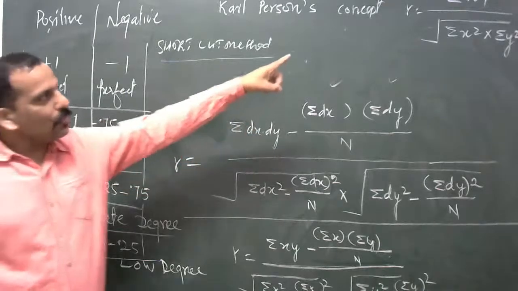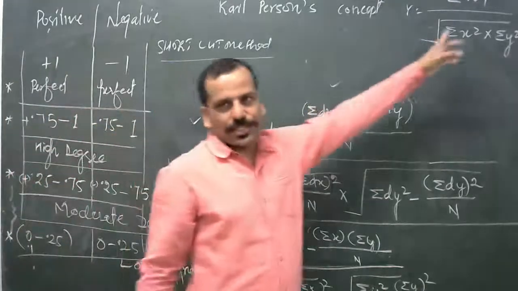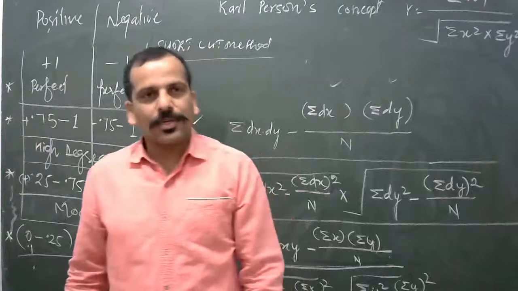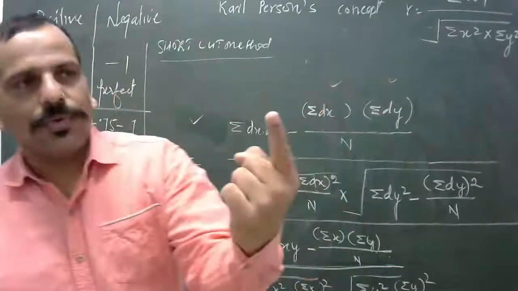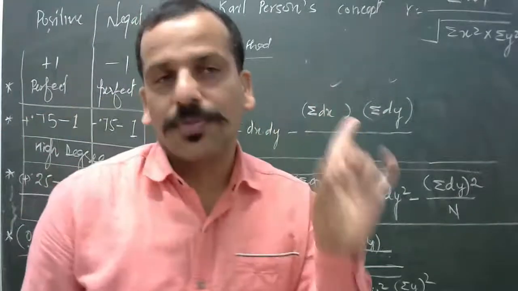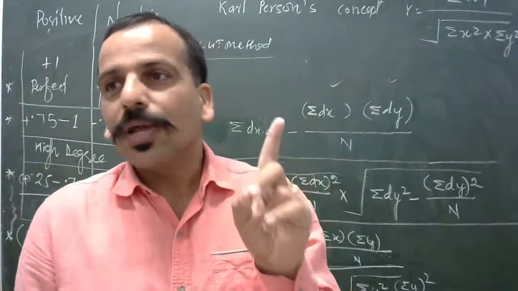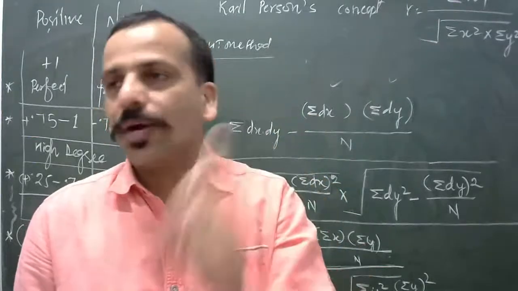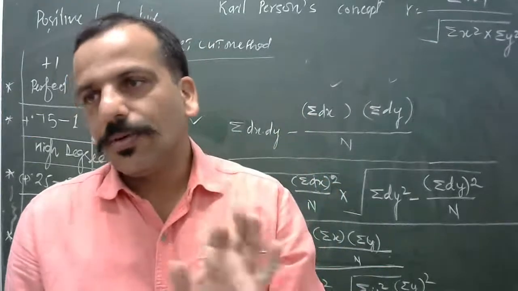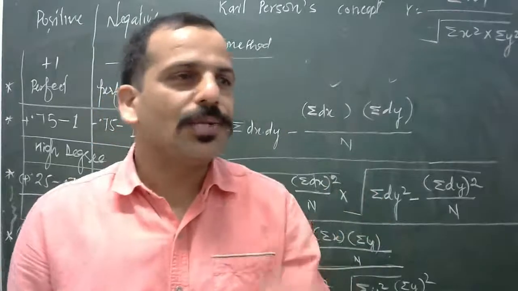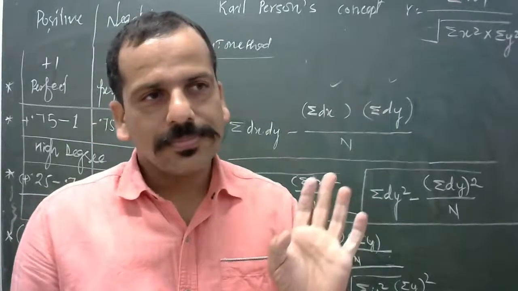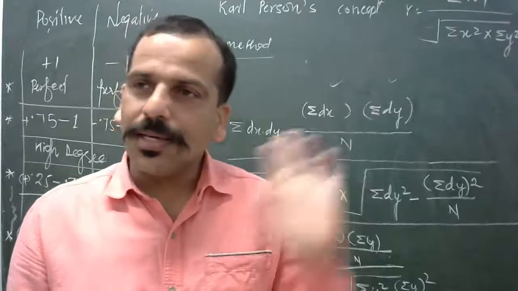If you want to continue with the direct method, there is only one problem: your mean x or mean y may be in fractions, maybe 7.2, 7.3, 2.3, 2.4.